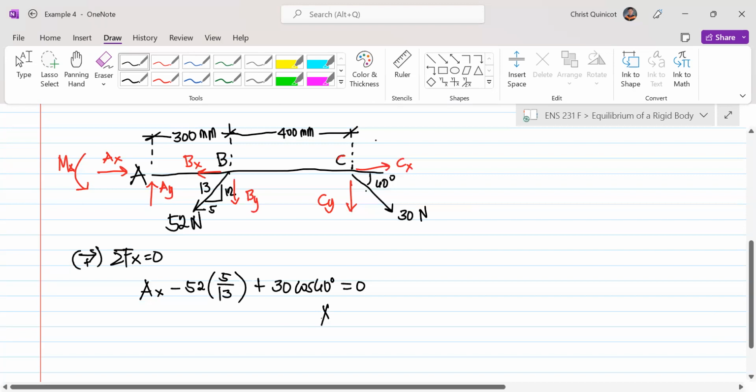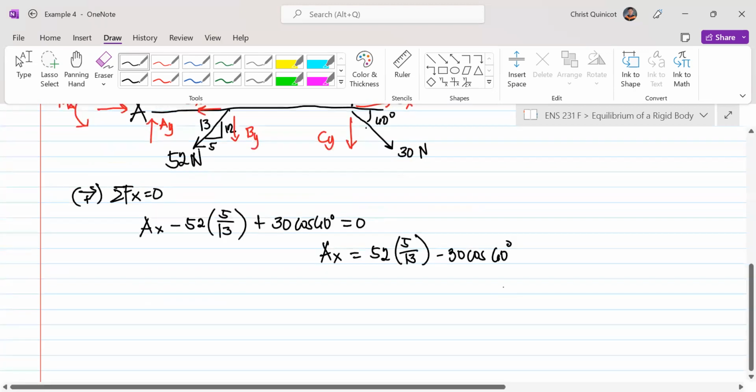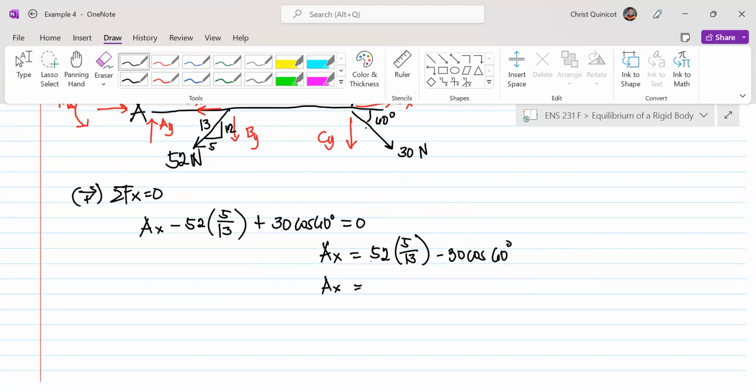So therefore, A sub x is equal to 52 times 5 over 13 minus 30 cosine 60 degrees. 52 times 5 is 260 divided by 13, that's 20, minus 30 cosine 60, and that is 15.